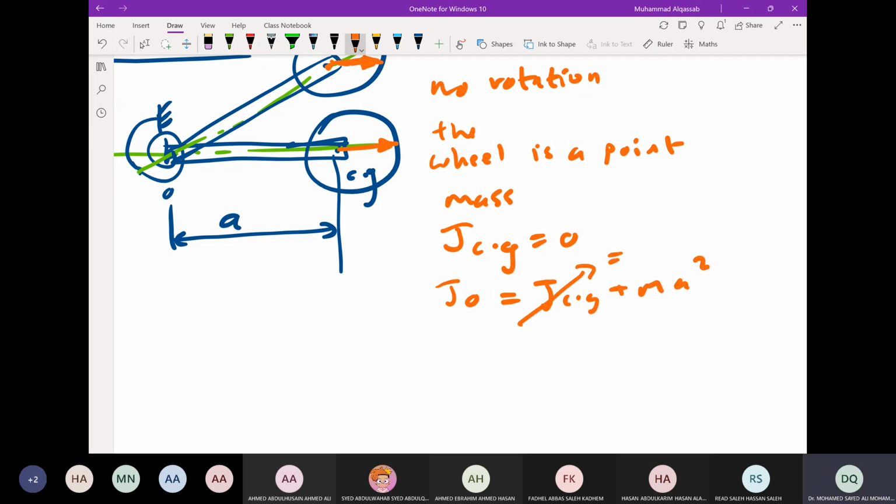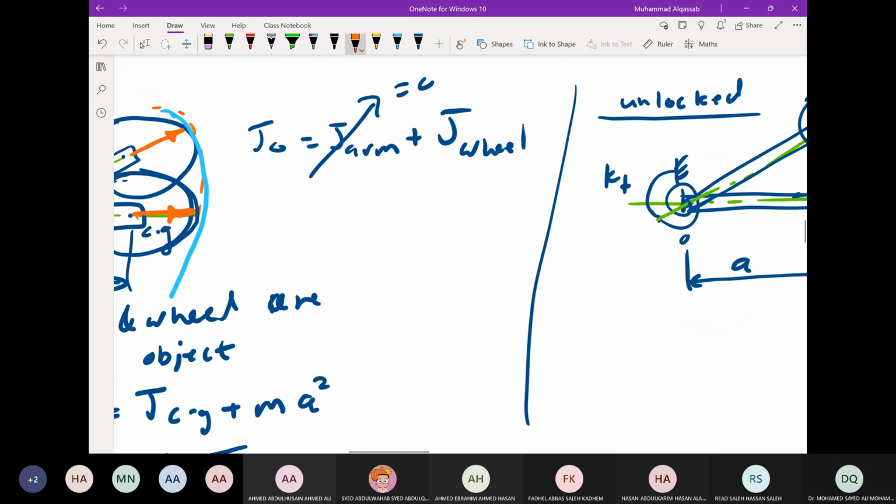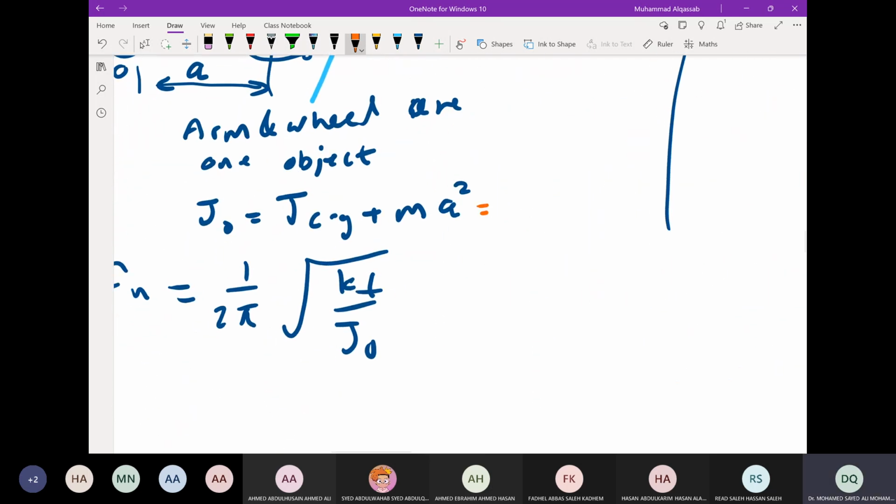This part is 0, so it is M A squared only. M is W over g, times A squared, and A is 24 inches. So the same thing here: JO equals JCG plus W over g times A squared.